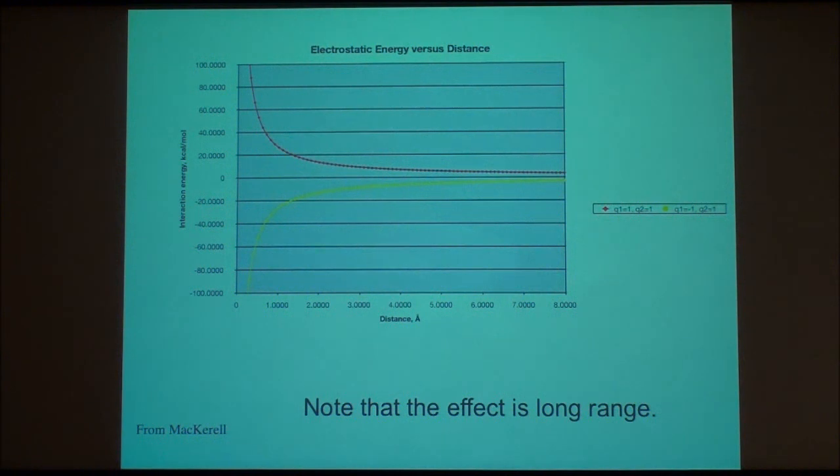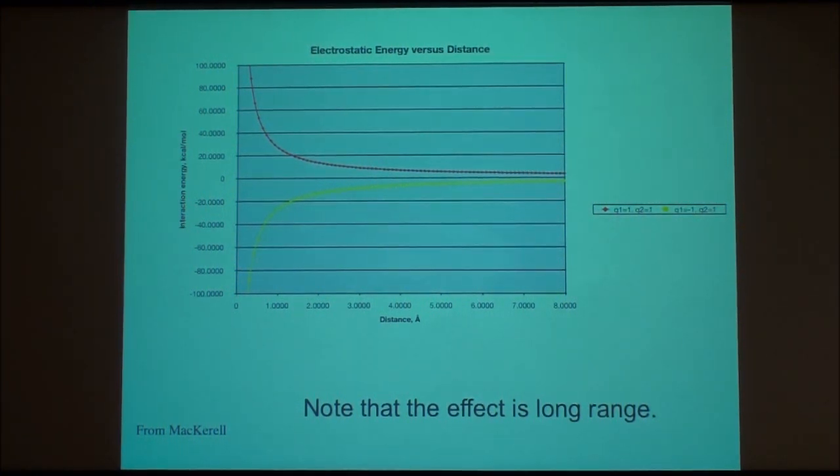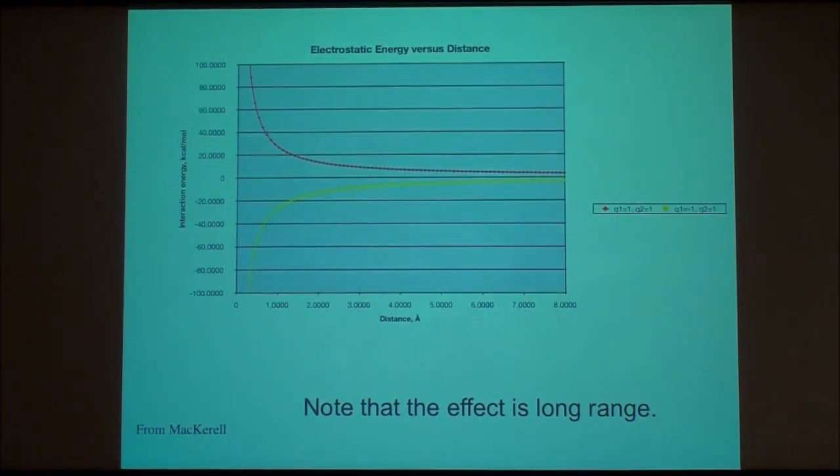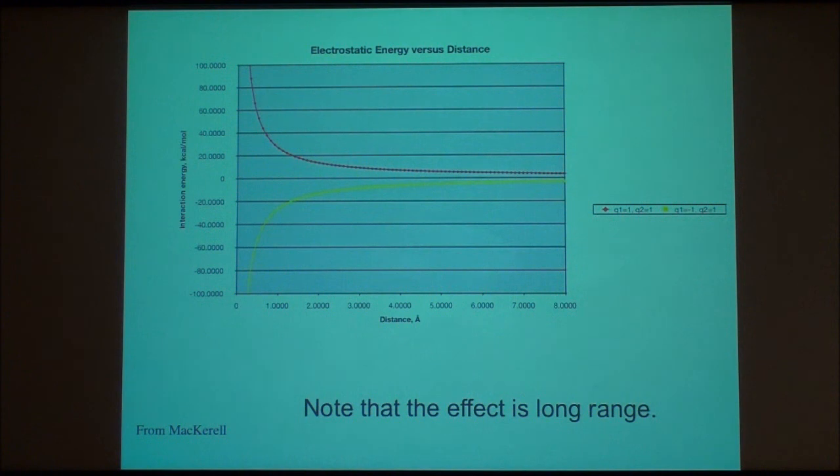So for this reason, people have tried to come up with different ways of calculating these interactions without truncation. And for periodic systems, there is a very efficient method known as particle mesh Ewald that essentially calculates the full electrostatic forces for you without truncation, but you need to have a periodic system.